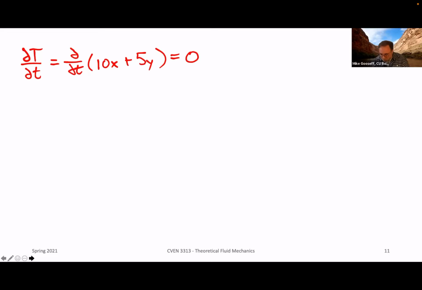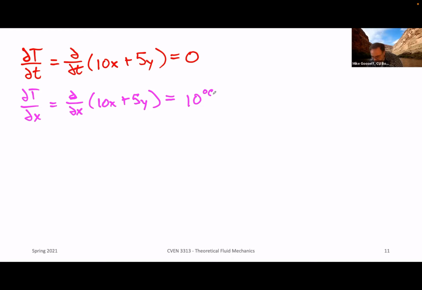So del T del x now is equal to del x of 10x plus 5y, and that derivative is just 10. And as it turns out, this comes out to be degrees C per meter.